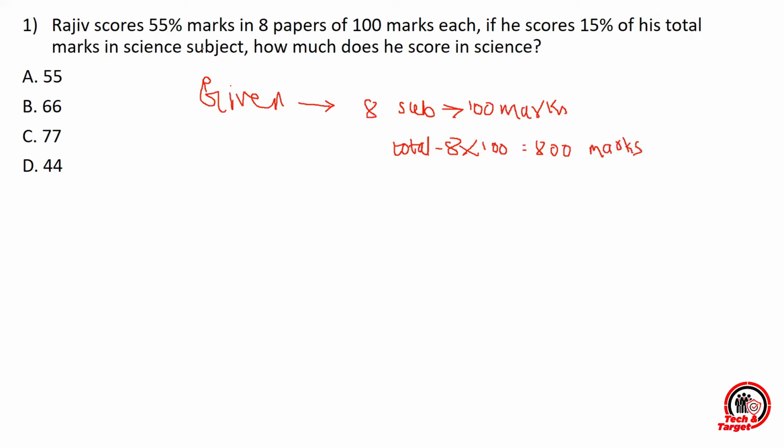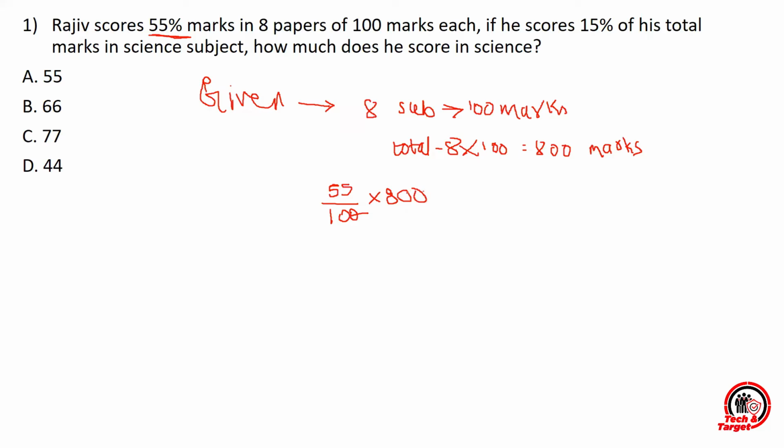And they say that Rajiv is scoring 55% marks. So what is the 55%? It is 55 by 100 into 800 marks.